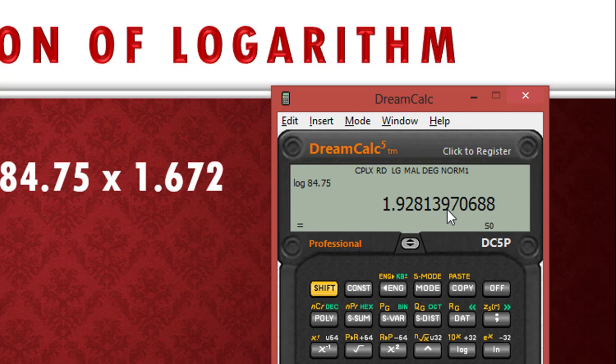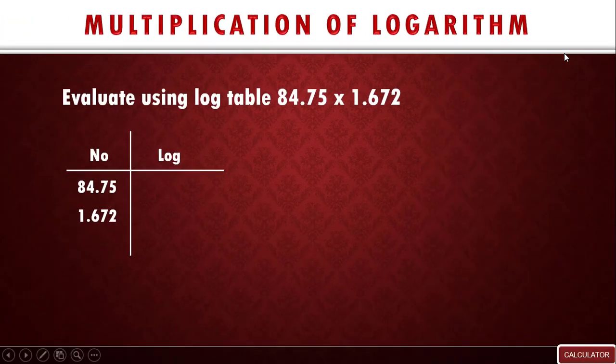So all you need to do is approximate to 4 digits. The mantissa should be 4 digits. So when we approximate this 9, this 3 becomes 4. If you approximate 4, 4 is still 0. That means we still have 1 here. 0 plus 1, here will still be 1. So our final answer will be 1.9281. So the log of 84.75 is 1.9281.